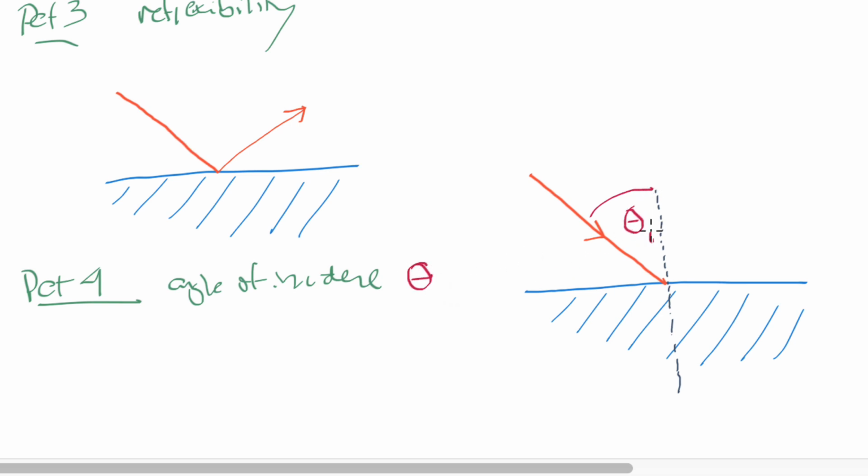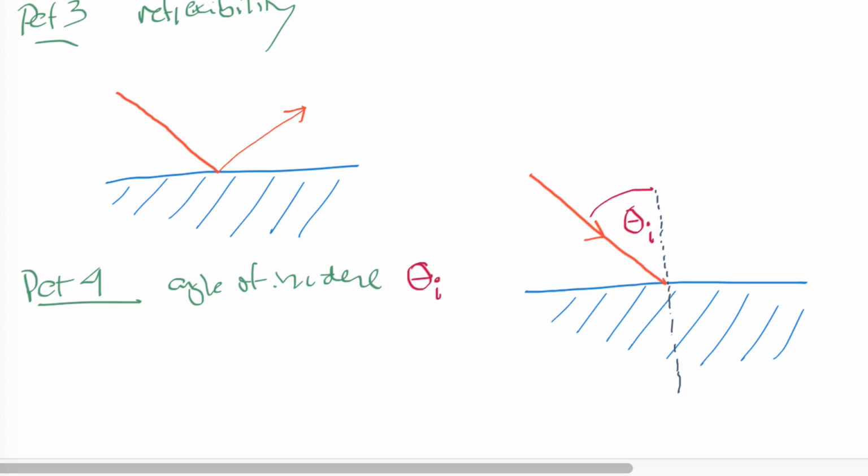Sometimes I'll write theta sub I, meaning the angle of incidence. Okay, and we haven't said here whether or not the beam is going to bounce off or whether it's going to go into the medium and bend, but in any case, the angle between the perpendicular and the trajectory of the incoming ray, that is what is meant by the angle of incidence.